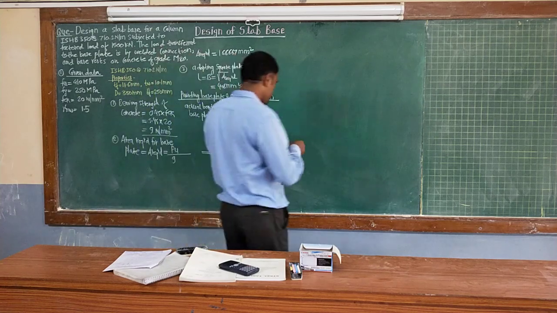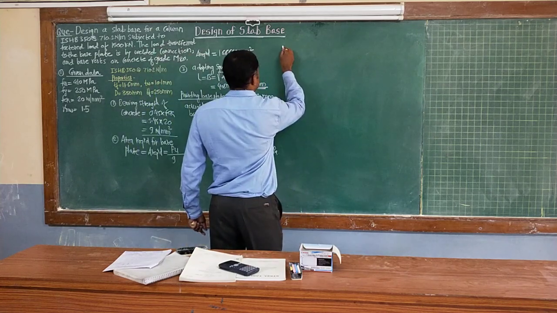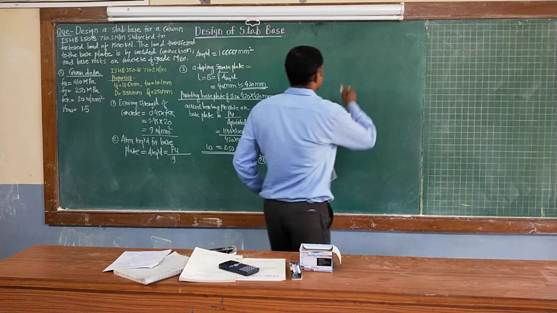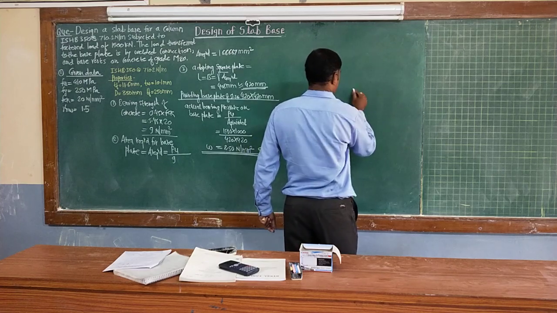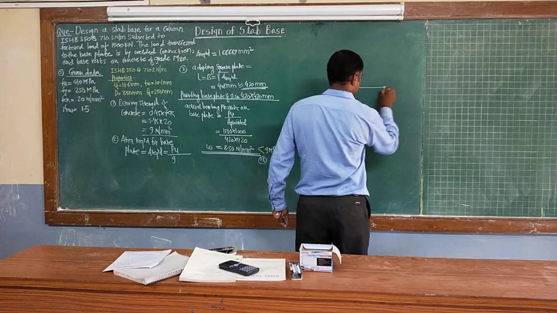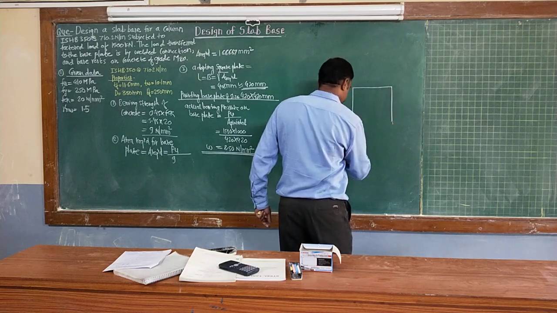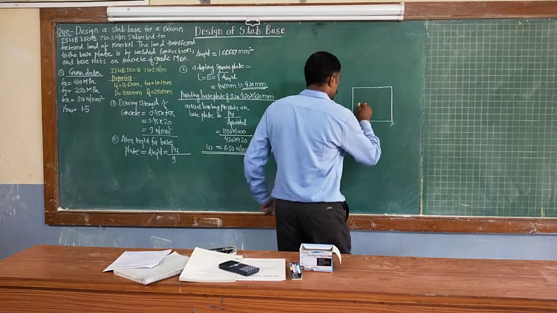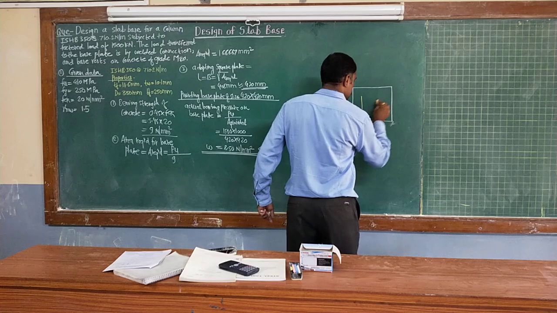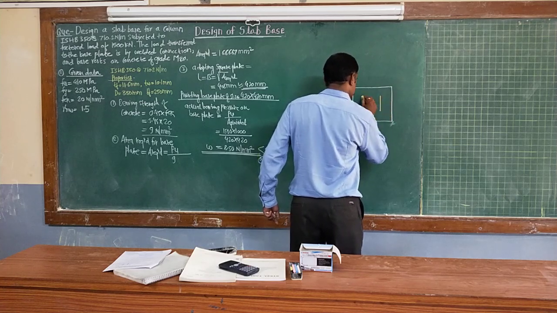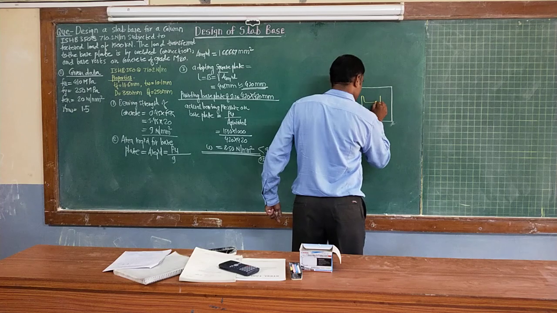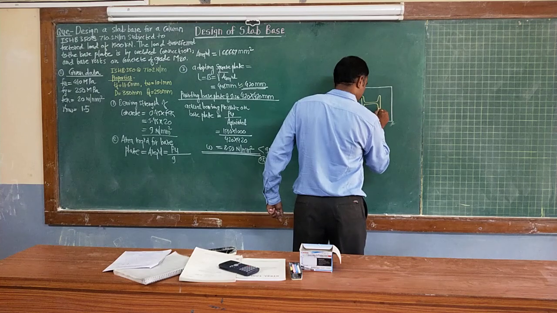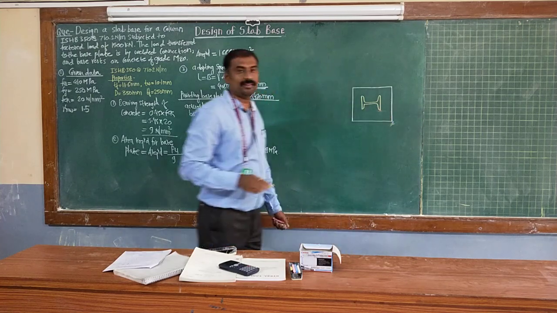Now for thickness, initially we will draw the sketch. Instead of going with it here, I will draw that sketch here. So this is the square plate of size 420 by 420 in which your rolled section is provided. Suppose the rolled section is like this.